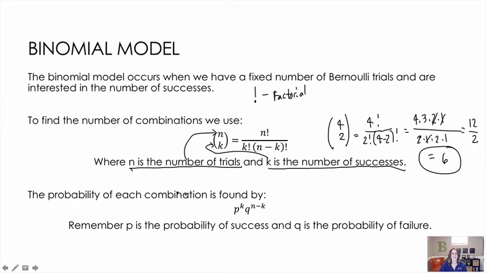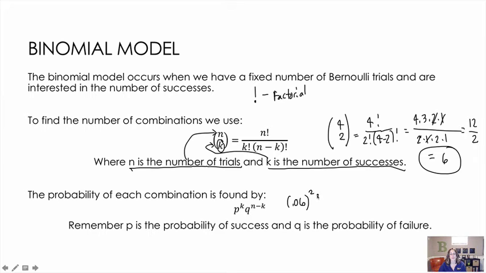Now, the probability of each combination is found by p to the k and q to the n minus k. So again, it's a lot of variables, but let's really think about what's happening. P is the probability of success, 0.06, to the k. So that's the number of successes, or probability of success squared, because we have 2 successes.